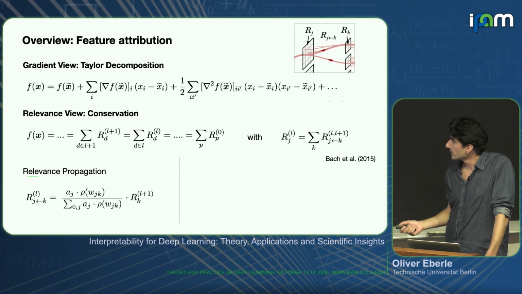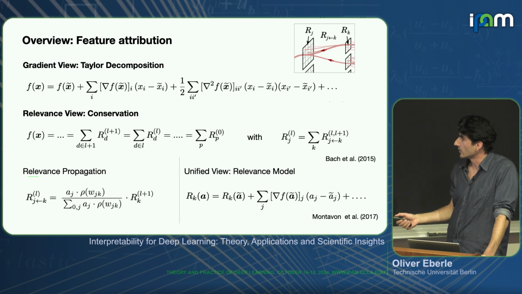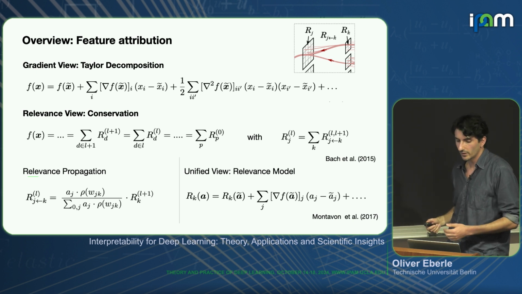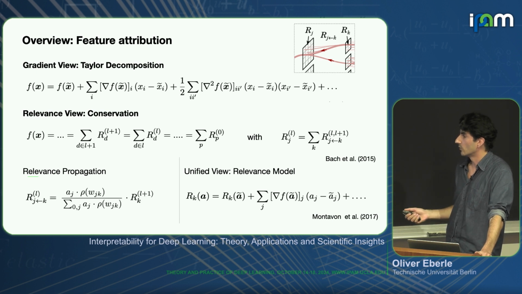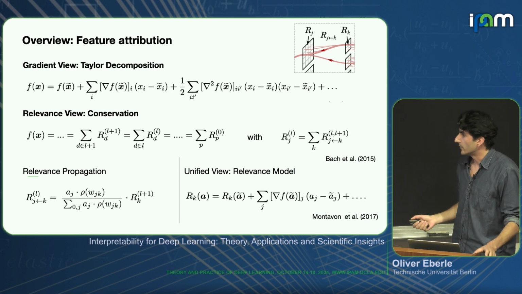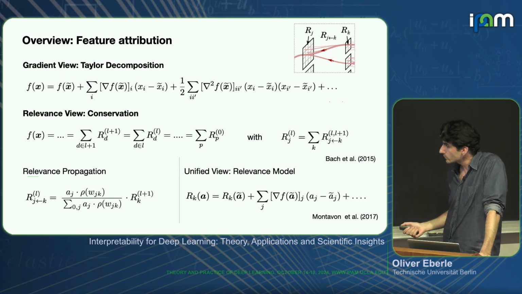And one nice thing that was shown is that you can actually unify these two approaches, and you can use the idea of a relevance model and connect these redistribution rules with a gradient perspective that we have up here. So it's a local gradient perspective that transfers then to the whole global perspective.